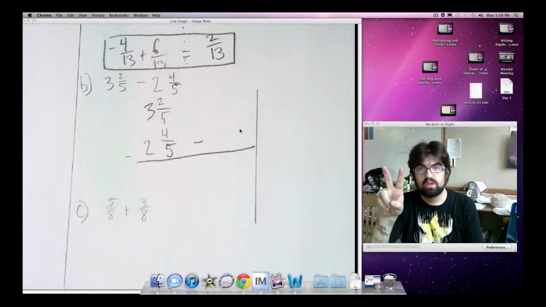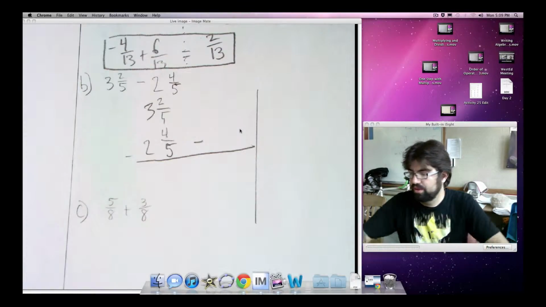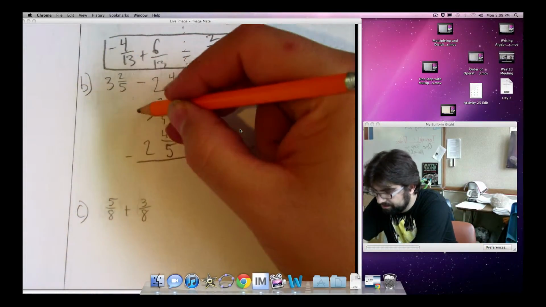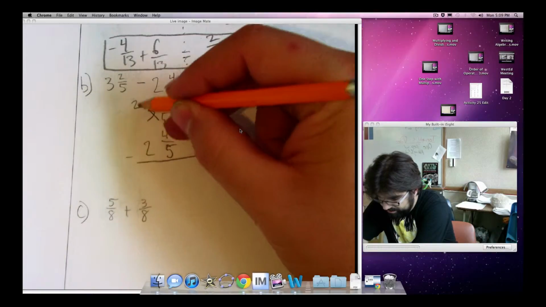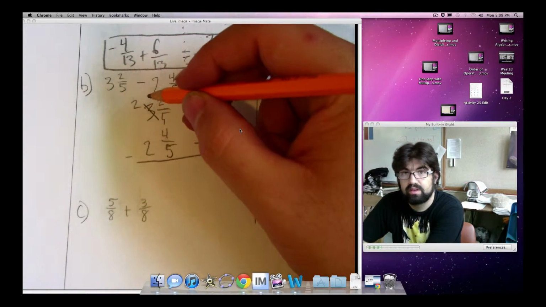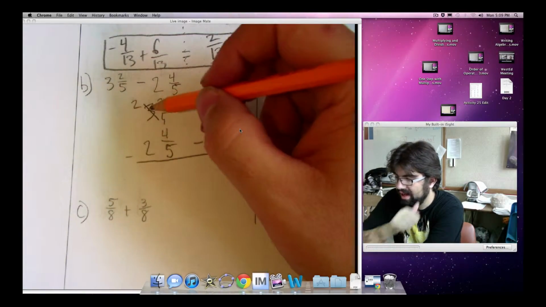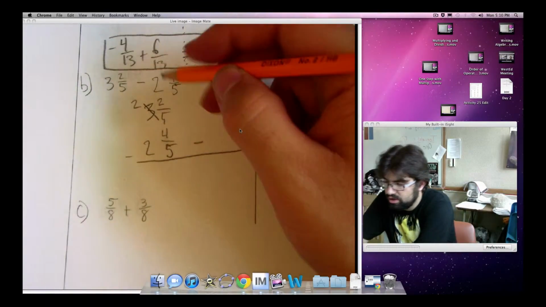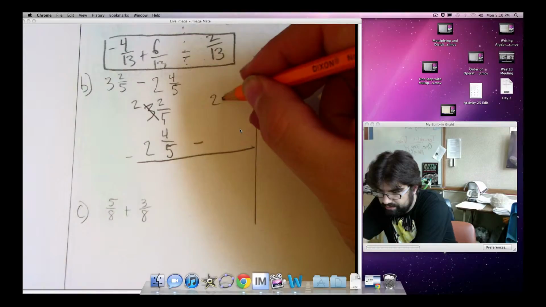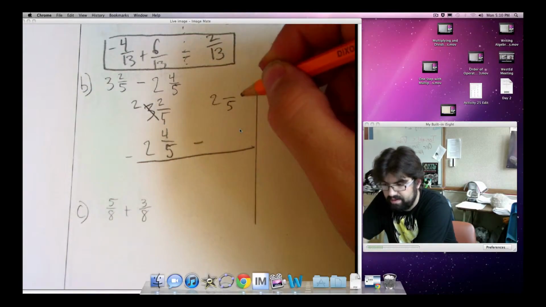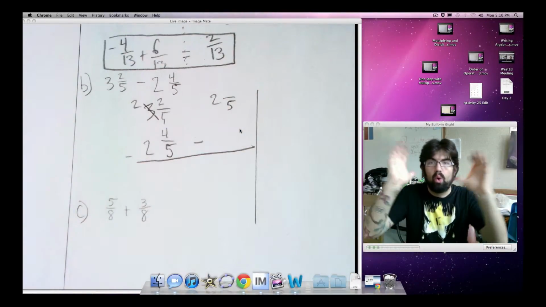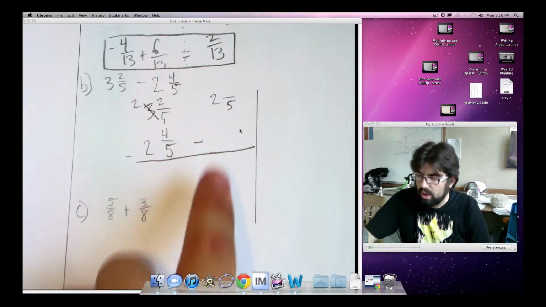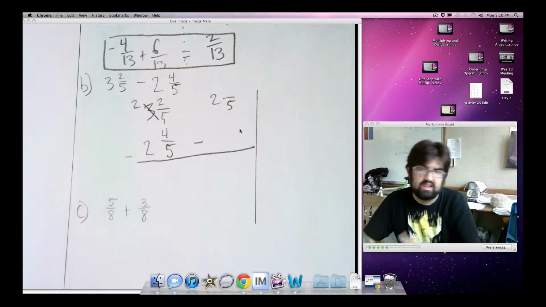So if I've got 2, and I need to take 4 away, I've only got 2 to work with. So I'm going to borrow. This turns into 2. Now if you need a little reminder, I add whatever the denominator is to here. So this would turn into 2 is right there and 5. Well, I'm borrowing, so I'm taking a whole and I'm breaking it into 5 pieces and adding it to the 2.